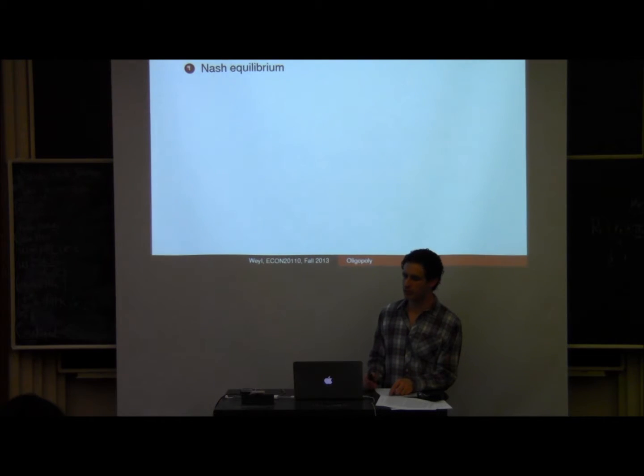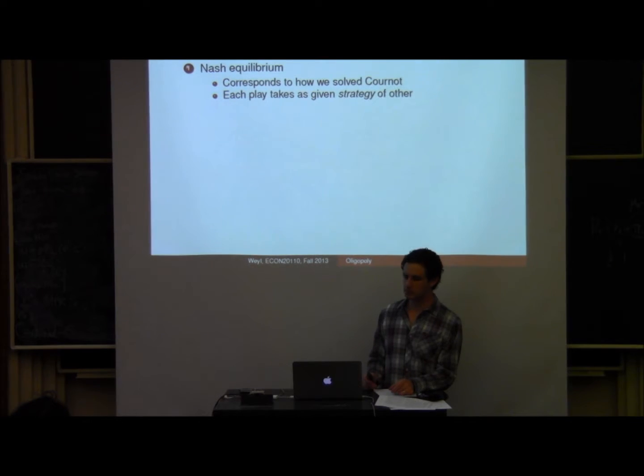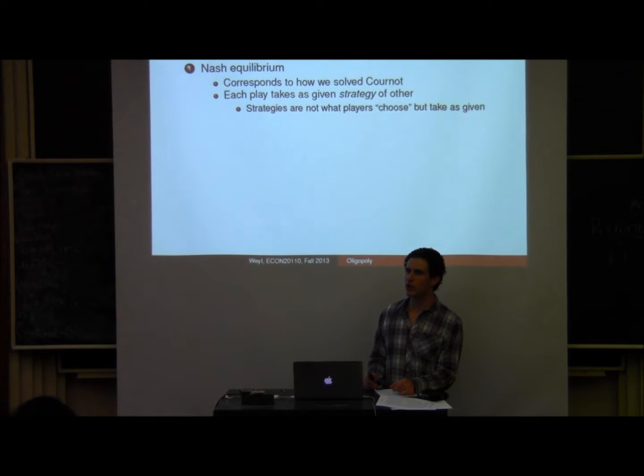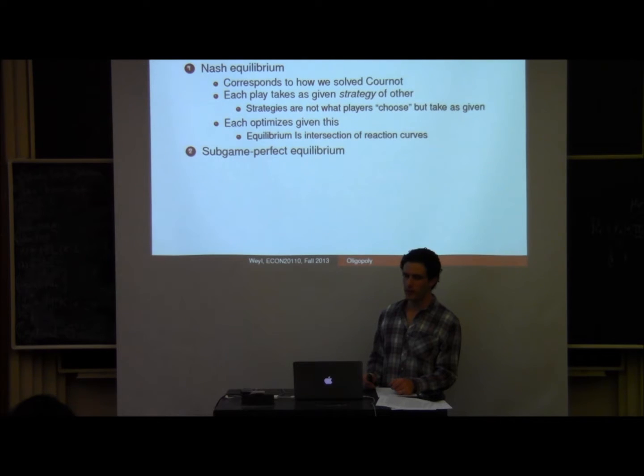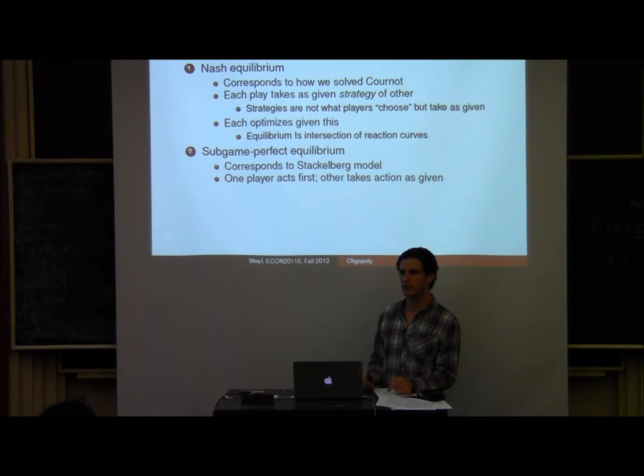So Nash Equilibrium corresponds to how we solve Cournot. It's where every player takes as given the strategy of the other players and chooses an optimal strategy given this. And the equilibrium is therefore the intersection, or the generalized intersection when there are more than two players, of the reaction curves. The second is the subgame perfect equilibrium, which corresponds to the Stackelberg model, where one player acts first and the other takes their actions as given.